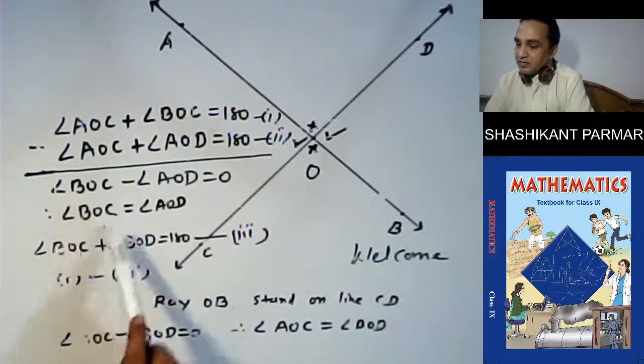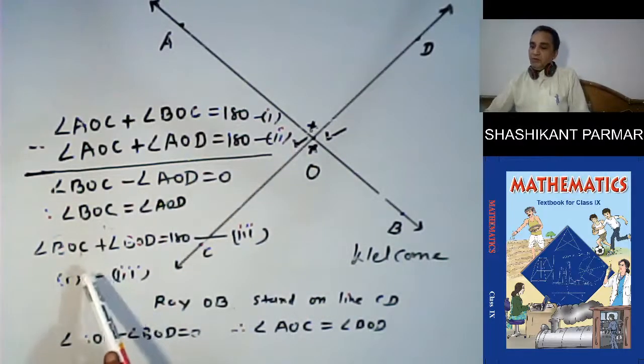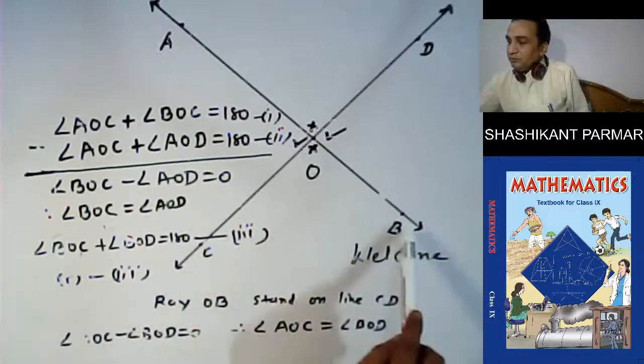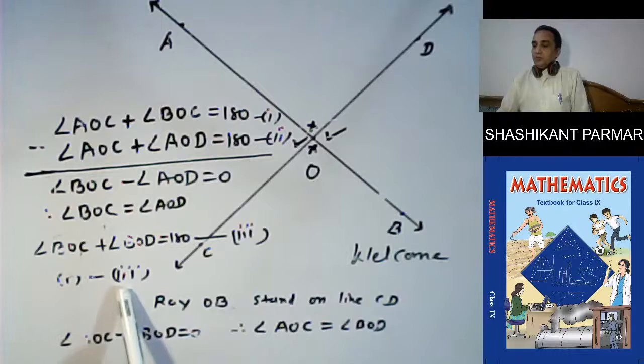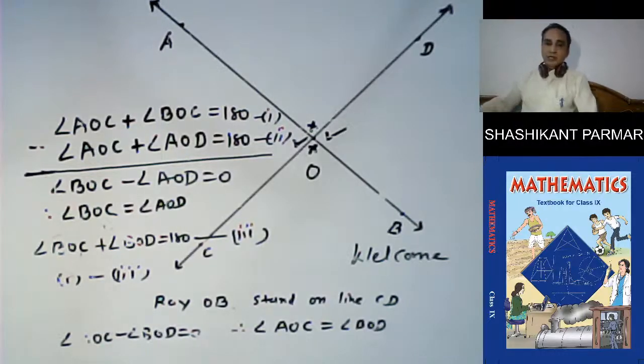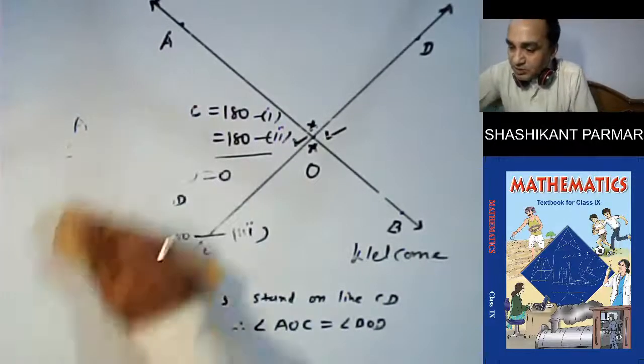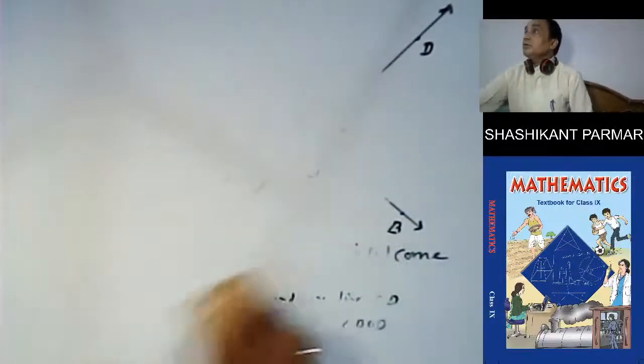First minus second is equal to BOC. And similarly BOC and BOD, this is 180. Subtract the first from the third, so finally AOC equals BOD. Okay, this is just what I have repeated.